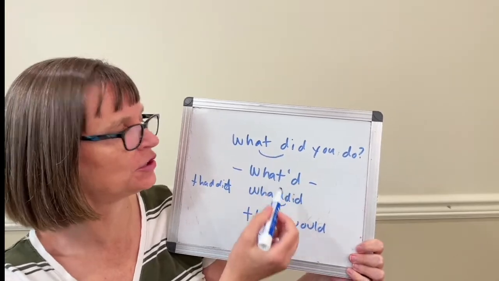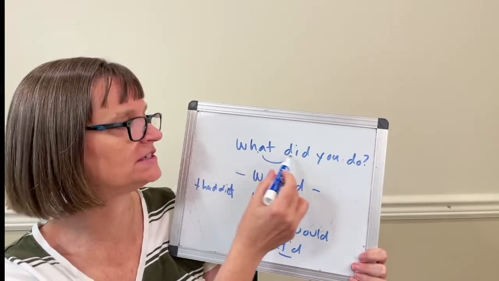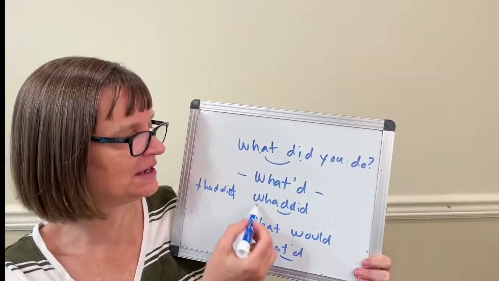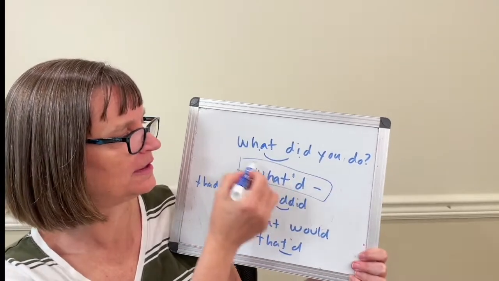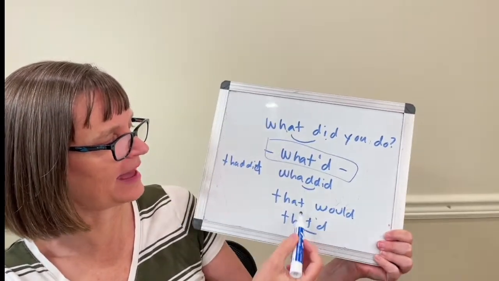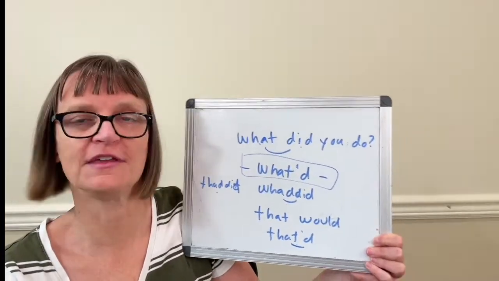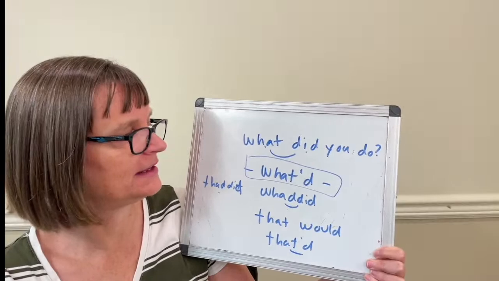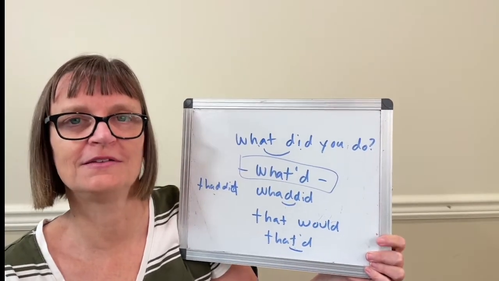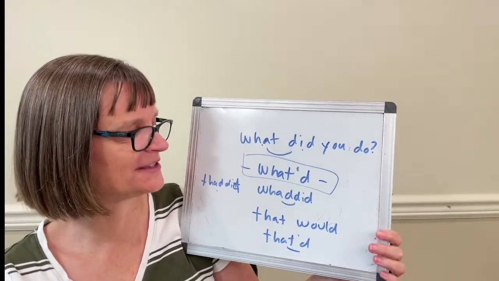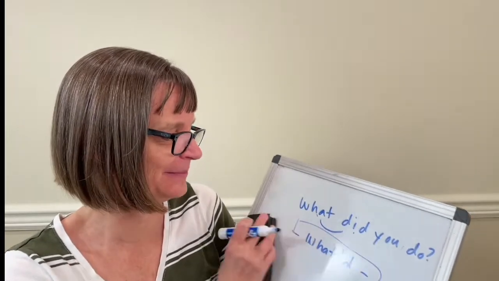We typically don't contract it in writing. We'd write what did, but we don't say what did. We say what'd. So even though these two are the same, and that'd sounds like that'd. Same thing with it'd, that'd, what'd, etc. That's how we pronounce them. Very good. Thank you for bringing that up.